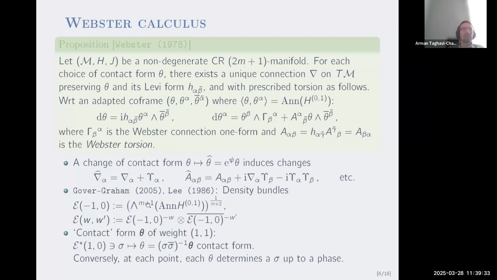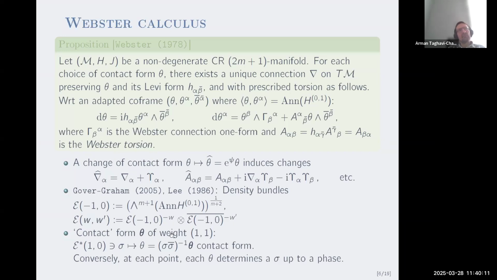I can take powers of these and tensor products, and I end up with plenty of complex line bundles that are parametrized by real numbers, w and w prime. There is a condition on w, w prime: if I take the difference, they should differ by an integer. If you're not really familiar with these density bundles, you should think of them as being sections of the annihilator of the, I would say, anti-holomorphic vector bundle.